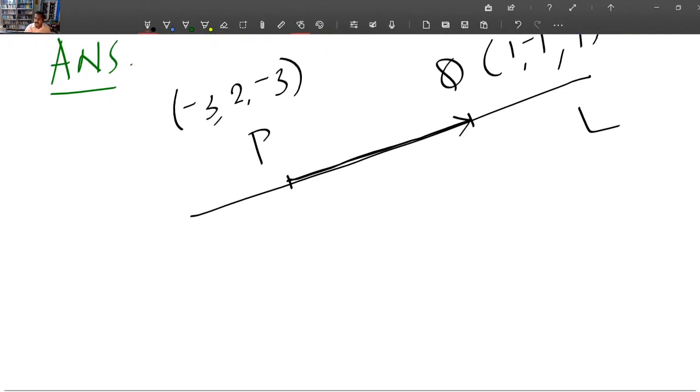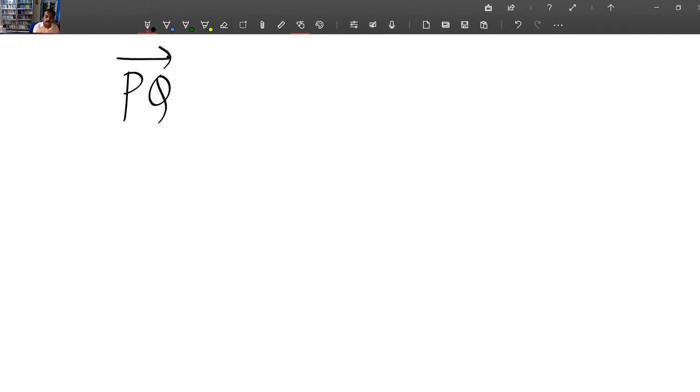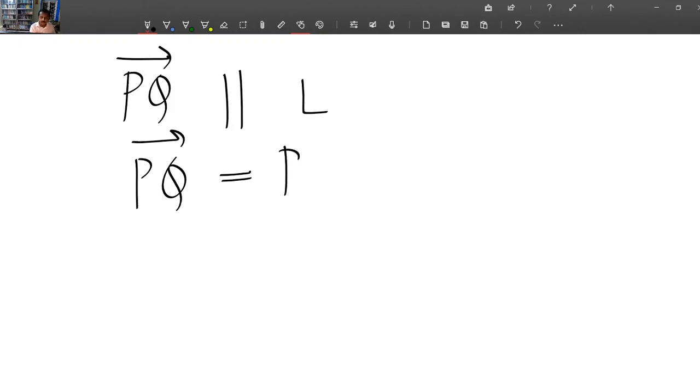Then you have vector PQ is parallel to the line L, and vector PQ is position vector of Q minus position vector of P.